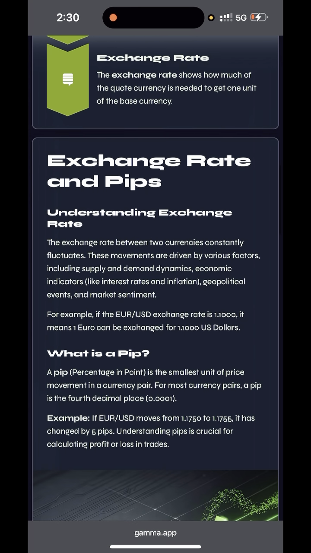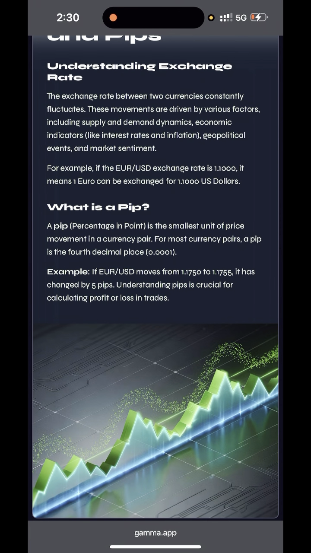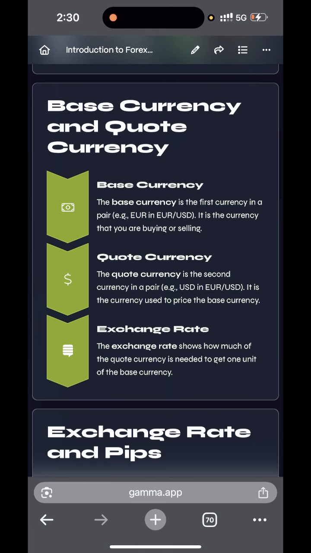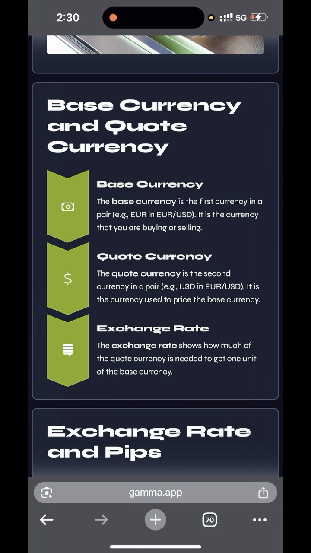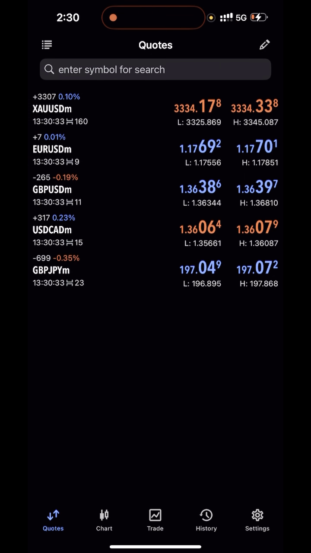Here, then, we are going to talk about pips. So what is a pip? Let me quickly show you how to add a base currency before we move on. Here, for instance, under quote, I told you that the quote is the second currency in the pair, and the first one is usually the base currency.